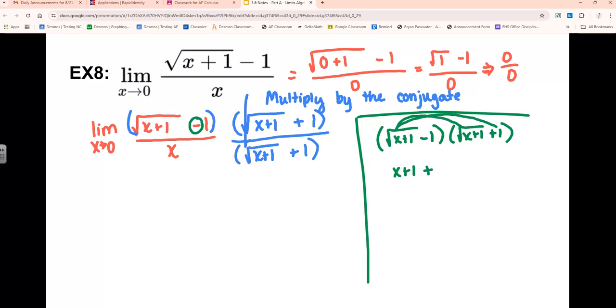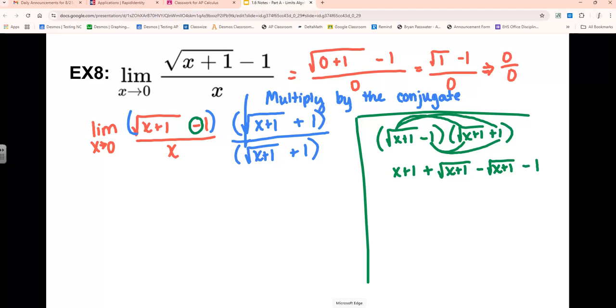That's just going to give me positive 1 times square root of x plus 1. We don't have to write that 1 out front, but you could if you wanted. If it was a 7, we'd have 7 here. Then we do our inner terms, and that's going to give me minus square root of x plus 1. And then our last terms, negative 1 times positive 1 gives me negative 1.